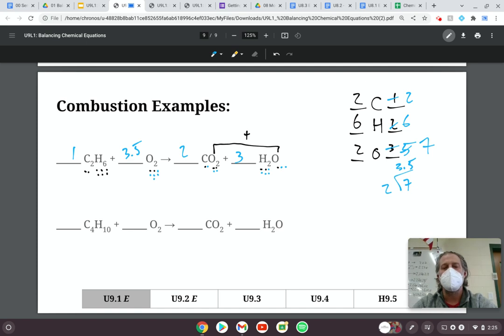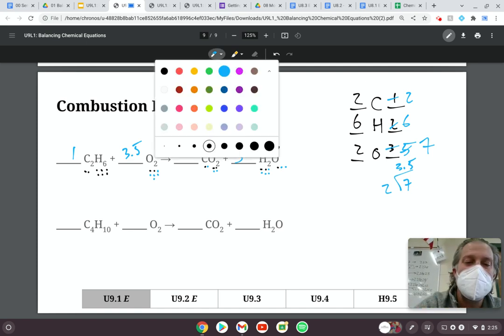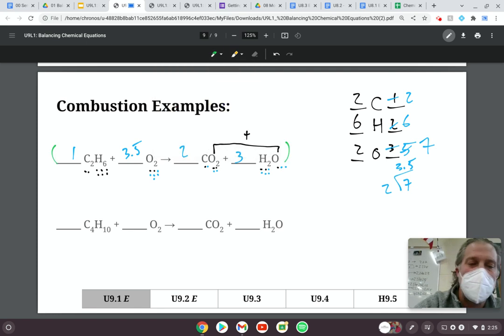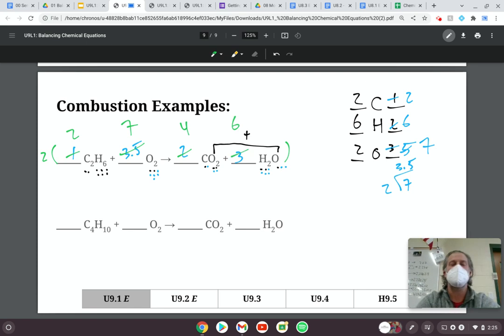So what we do is we simply multiply all of the coefficients by 2, and now it's balanced. Magic. You can do it by trial and error, but this is the cheat code. At least my cheat code.